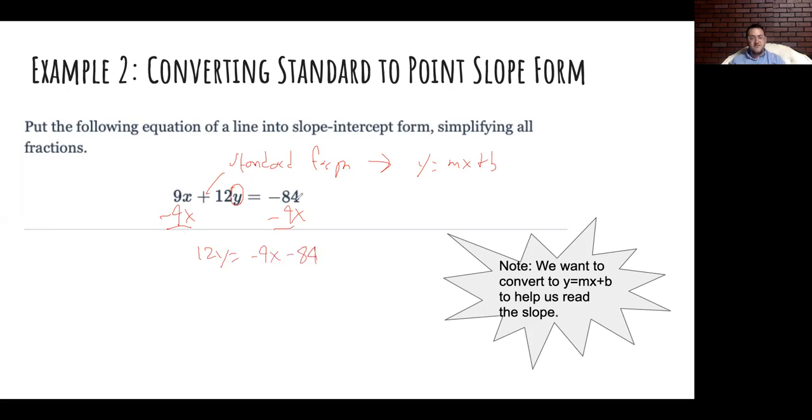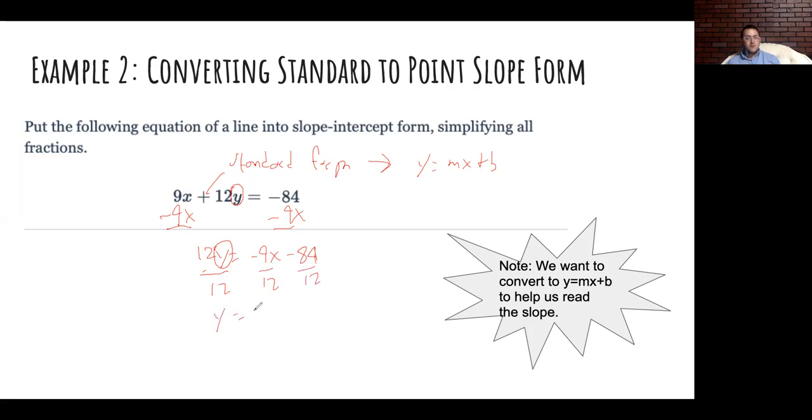And the reason why I'm putting the minus 9x first is just because I want it to be in that y equals mx plus b order. And I want to get this y by itself. So I have 12 times y. So I need to divide by 12 on both sides. And when I do that, I'm dividing everything by 12.